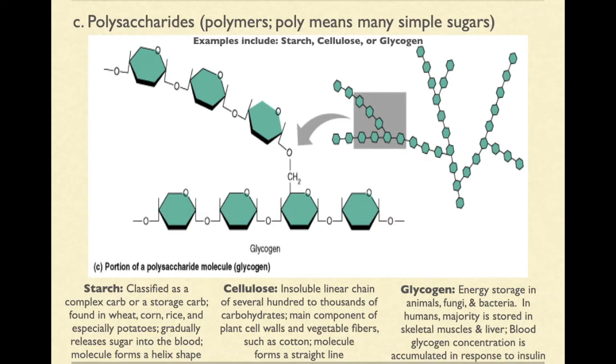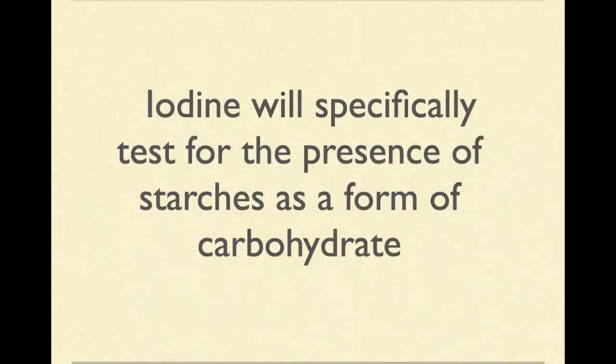If you've ever heard of blood glycogen, especially with people who have diabetes, where their body may not be producing enough insulin or their insulin's not working properly, they may have too much blood sugar. So this ties in with diabetes.